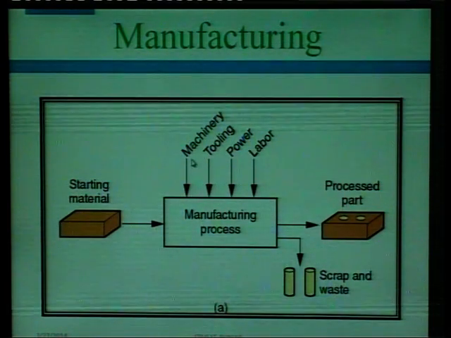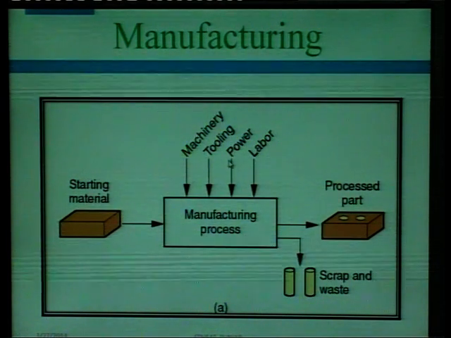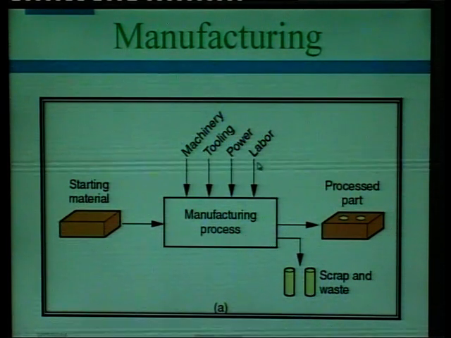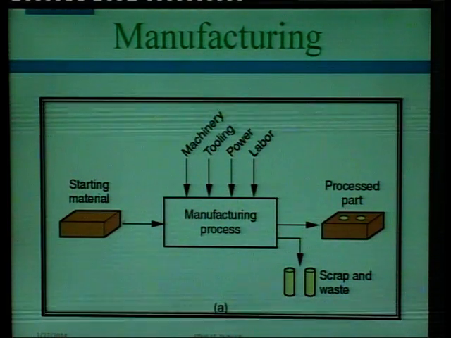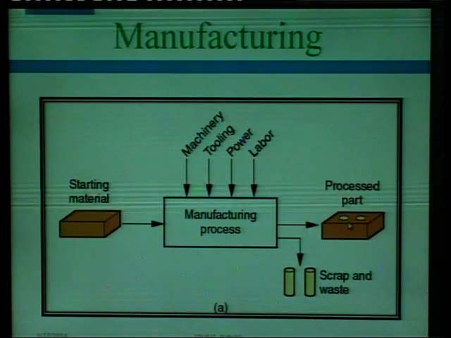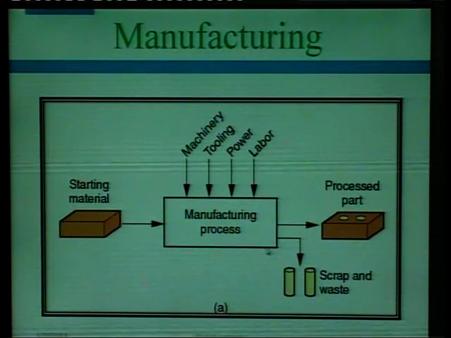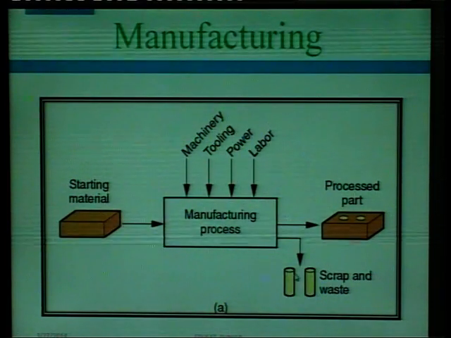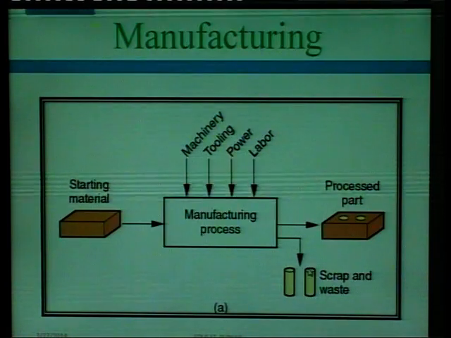That may be the machinery, that may be the tooling, we are using the power and labor. Operators are used to convert this starting material, raw material, into the final product. From this final product the material is removed, and that is called scrap or waste, and this is manufacturing.